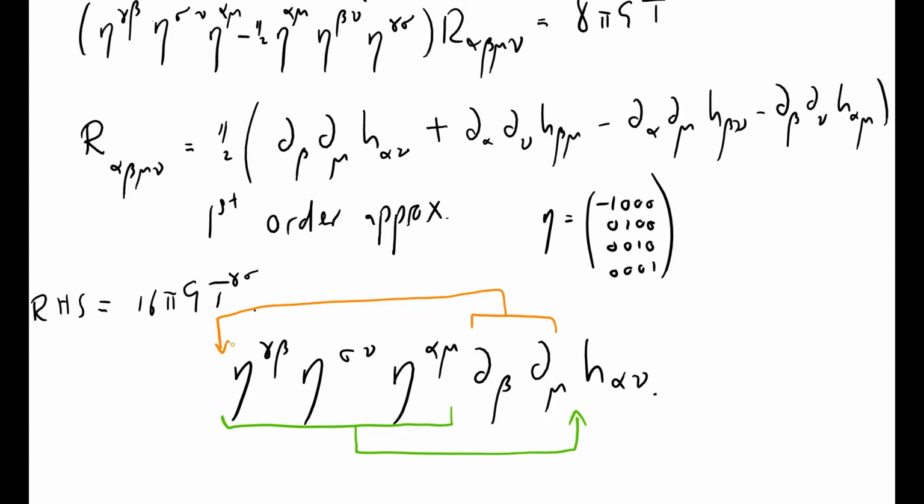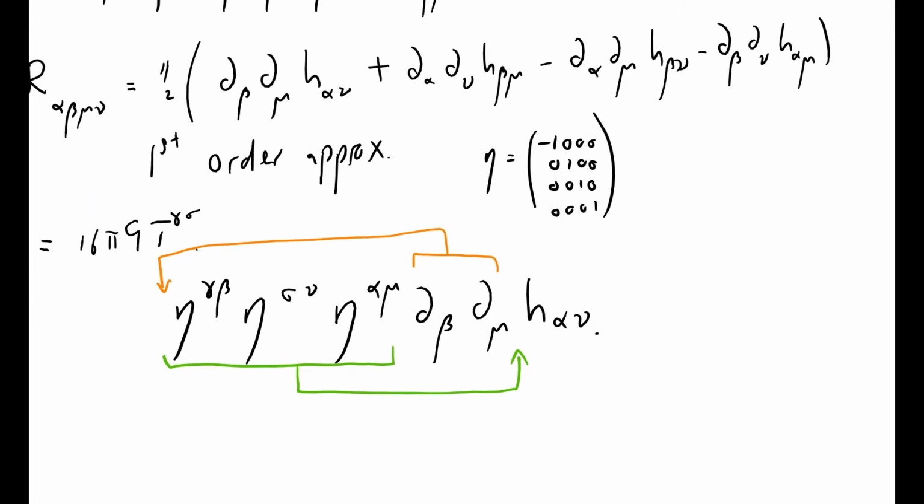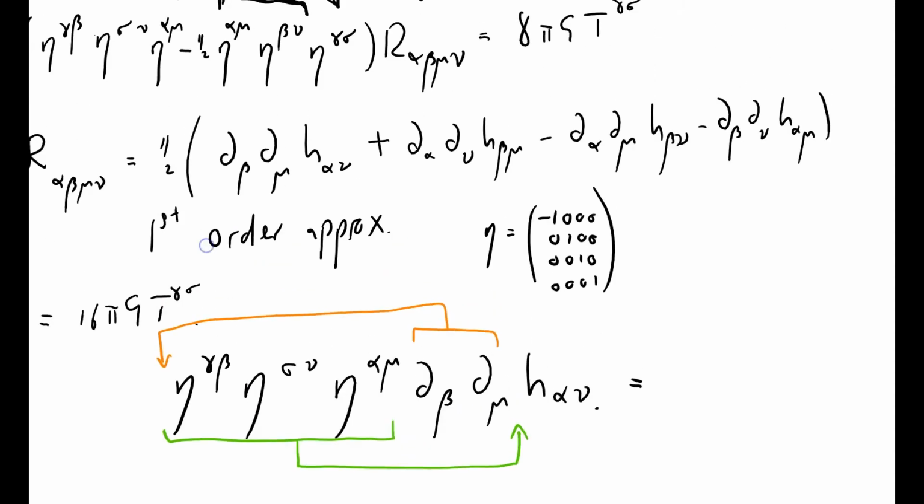Anyway, they can go to the left-hand side. Okay, well, I'm not actually going to rewrite it. I'm just going to imagine that I've done that. And the idea is to raise all the indices that I possibly can. What I want to do is to have the expression with two upstairs indices, two superscripts on h.